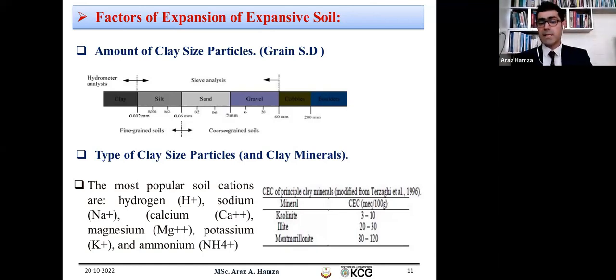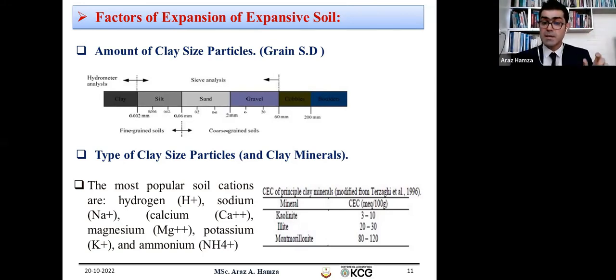And the type of clay particle also, which type of clay minerals are in your clay content. That's the second deal for you. If there is a large amount of clay content in your sample, then you should think about which type of clay mineral, because as we mentioned before, if it is kaolinite, illite, montmorillonite, these types of minerals have a tendency to expand.